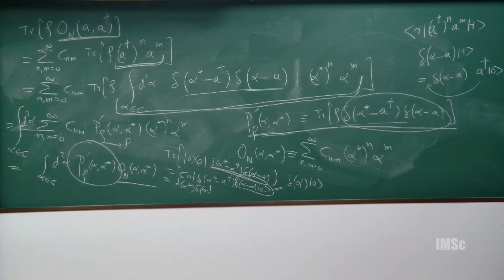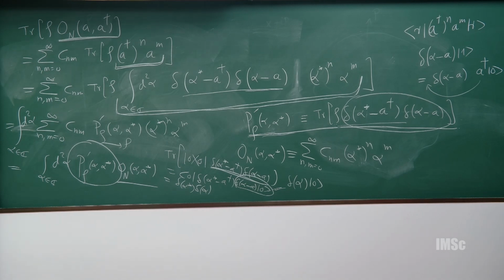Again, how will you use the commutation relation? Take some kind of Gaussian expression for the delta function. And we know alpha will commute, a dagger will commute with alpha. Exactly. Okay, good.